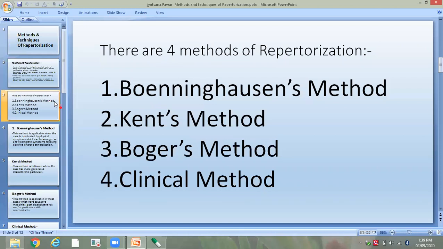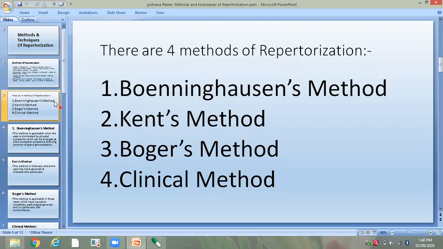When we get advanced pathology or an advanced clinical condition, when we cannot get the proper limiting or positive factors in the case, then in such cases we use the repertory which is based on the philosophy that gives importance to the pathological generals, and we use Boger's repertories for such types of cases.